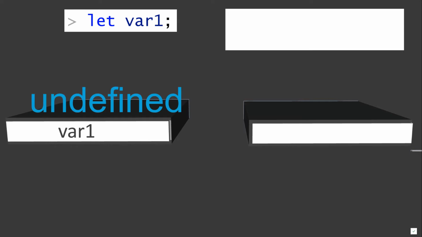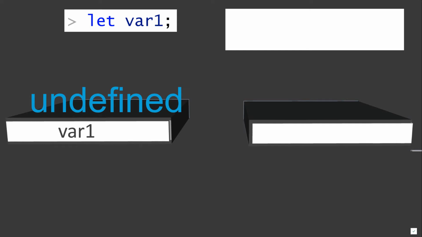Imagine that we have two variables which we will define in a program. We have a line of code, let var1, and what we would do in this case is we would define an address in memory. It would be related to the var1 identifier, and then it would be assigned the undefined value, because we have not assigned anything else to that value.